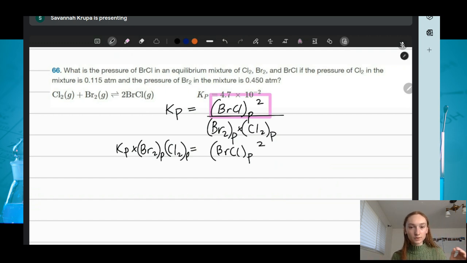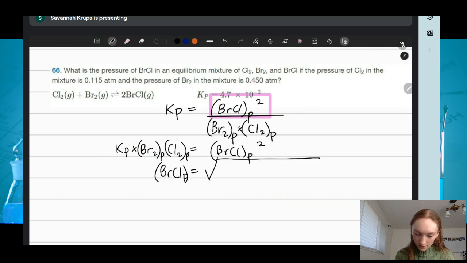And so I'm going to switch things around because I like to solve for things on the left. So this will be BrCl P. And so since this is squared, I'm going to just find the square root on both sides to get rid of it. So it'll be the square root of the Kp times Br2 P times Cl2 P.